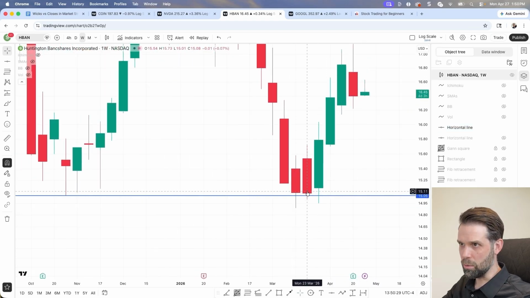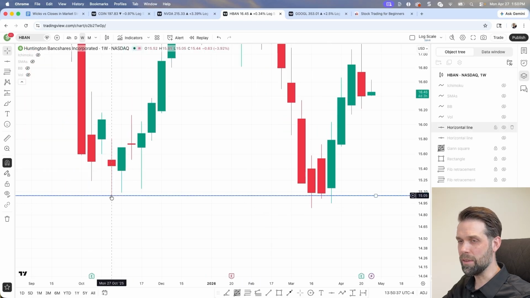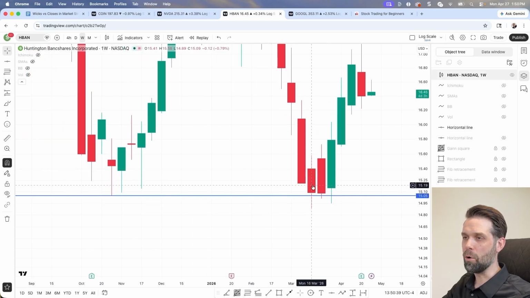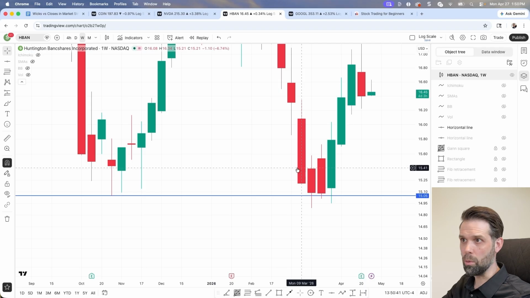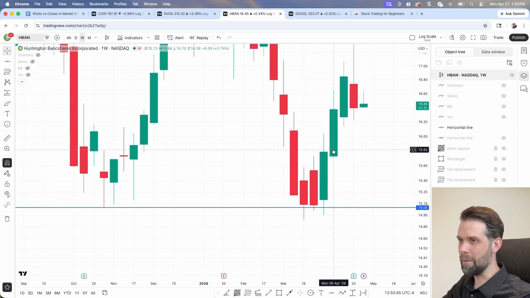This one wicked below, this one wicked below, this one wicked below, but all three of them closed above that horizontal line. They closed above this previous low. Therefore, they did not make a lower low. The market structure was not broken, and we can see we've come out of there and we've continued higher.